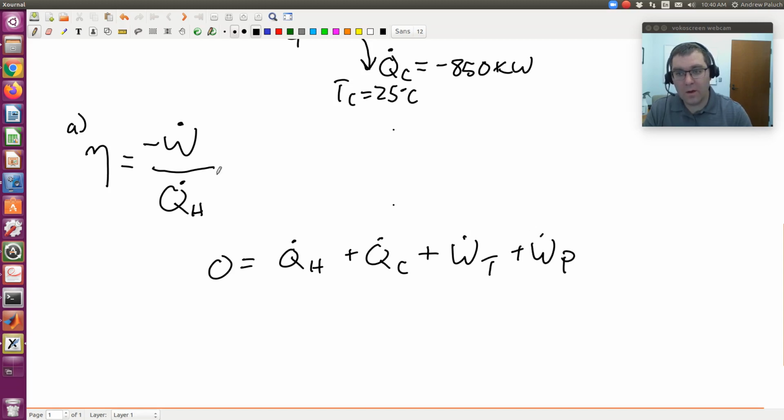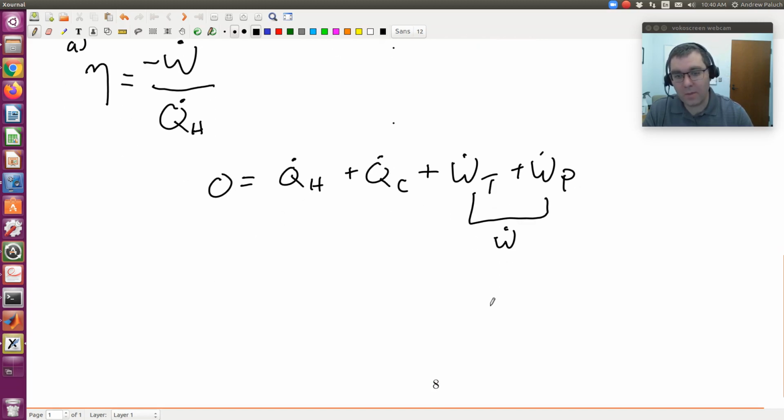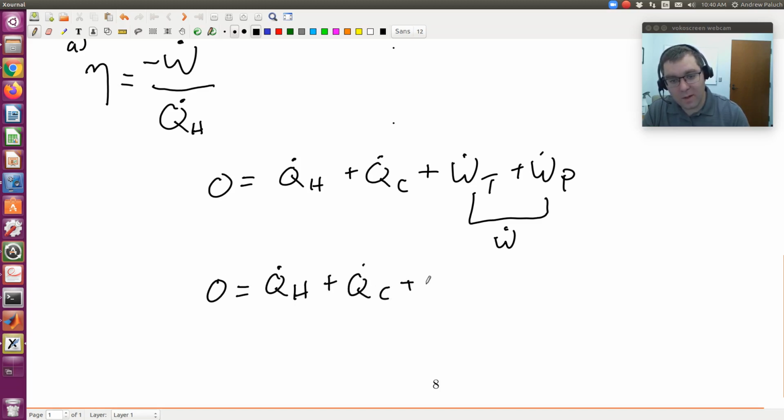Here, W dot is just my net work, so I'm going to group these two work terms together and call it W dot. So my first law balance is 0 equals Q dot H plus Q dot C plus W dot.